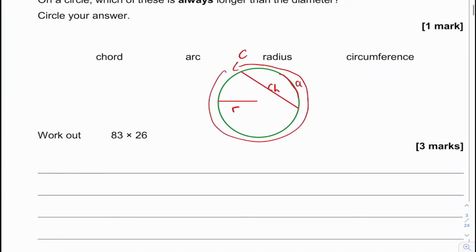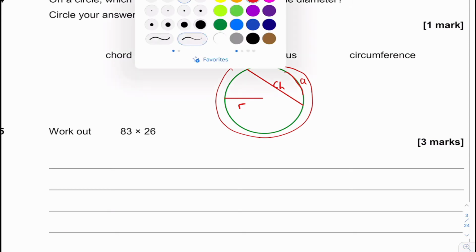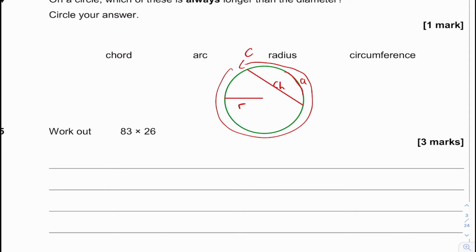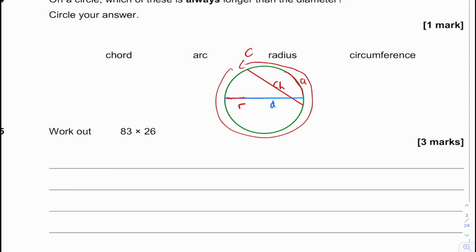And the question is, which of these is always longer than the diameter? So straight away by looking, let me just quickly label diameter as well. The diameter should be on the same line as the radius. This is diameter, and then let me quickly just do that for radius. Okay, so we can see that the radius is not longer than the diameter, so we can immediately discount that one. A chord doesn't necessarily have to be longer than the diameter.